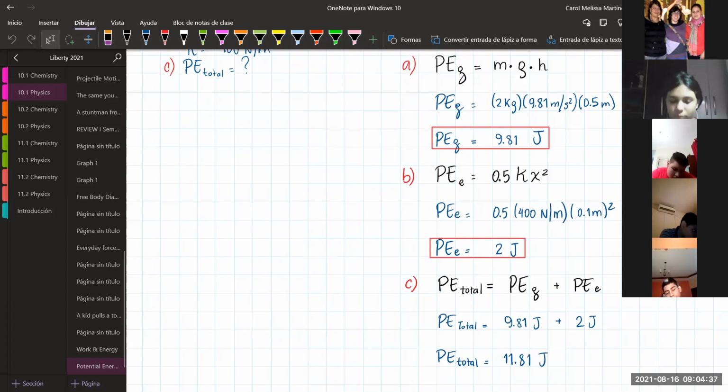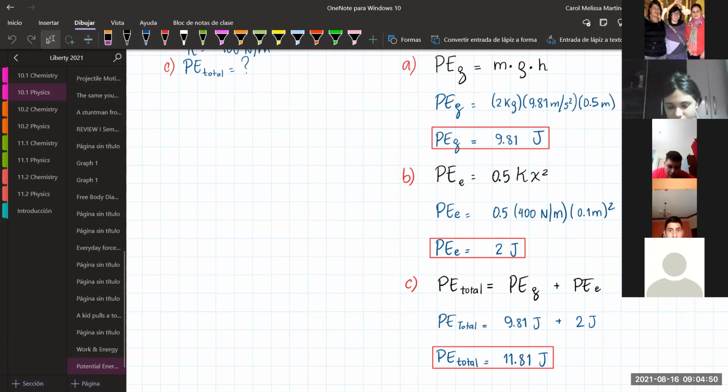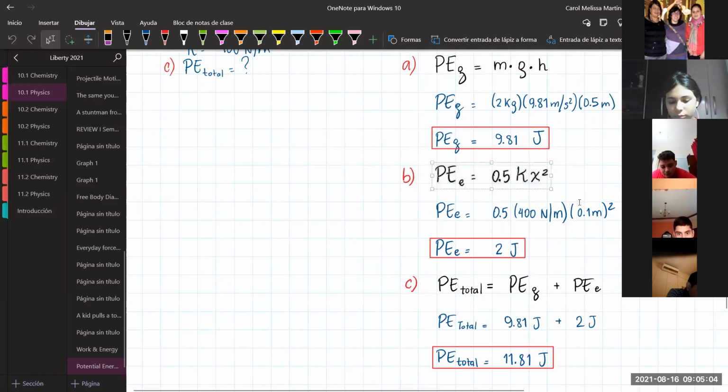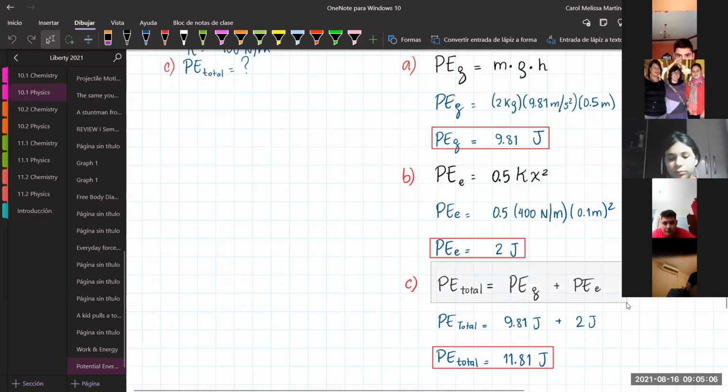So as you can see, even if I didn't give you the formula for total potential energy in the beginning, if you just apply the principle of how the potential energy is classified, you know that you had to add the two energies that you got in this problem. So these are the equations, those in black color, okay? And this is the one for the total. Ready?